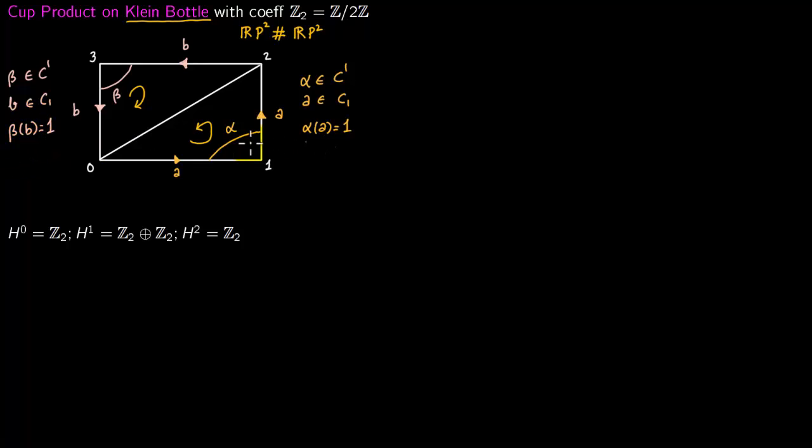The important observation is that alpha acting on B gives you 0 and beta acting on A gives you 0.